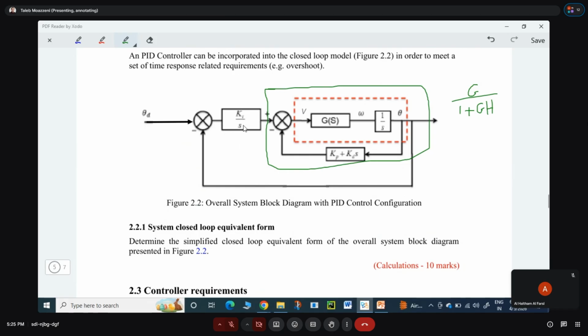Then we will multiply with this because they are cascaded. So this all will be another G, a new G. And finally, you will find that output theta to the desired theta, theta D. That is the overall transfer function. That's all you need for this 50 marks.